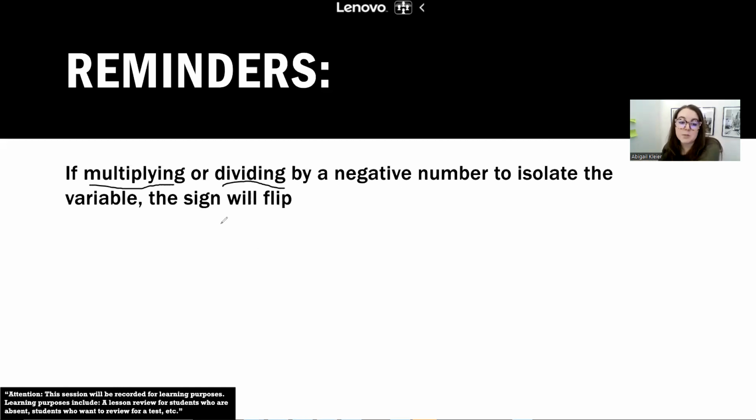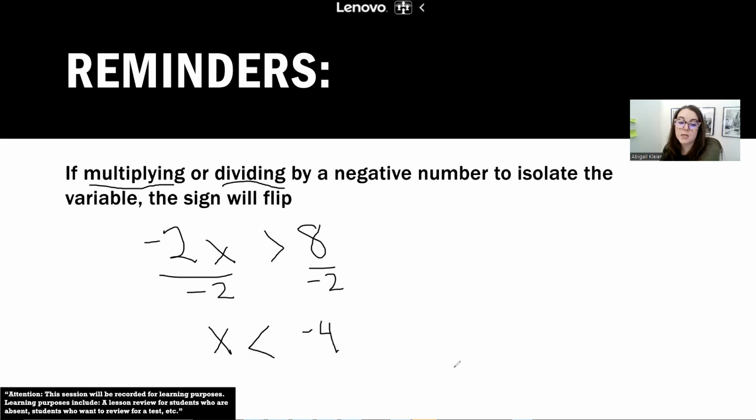So I can put some examples on the board of that. For example, if we have negative 2x is greater than 8, I'm dividing both sides by negative 2. So this would be an example where the inequality sign gets flipped. But what if I had 2x is greater than negative 8?